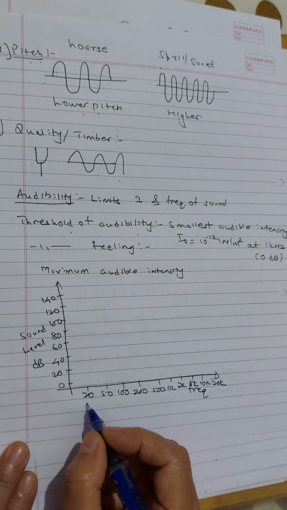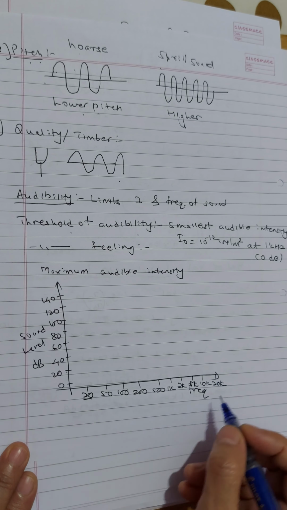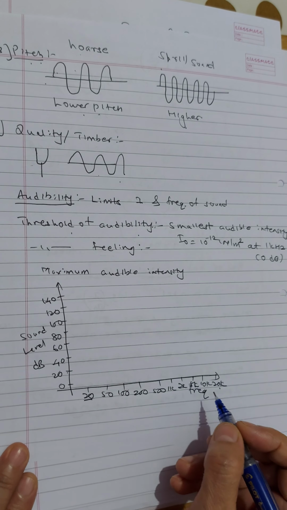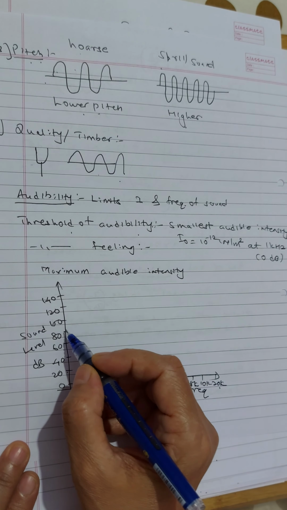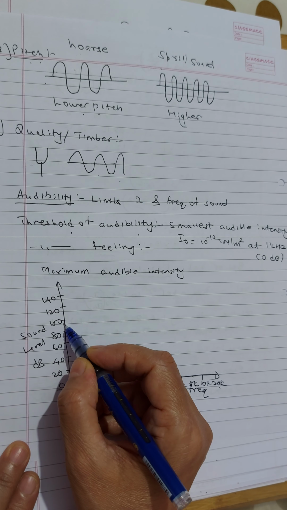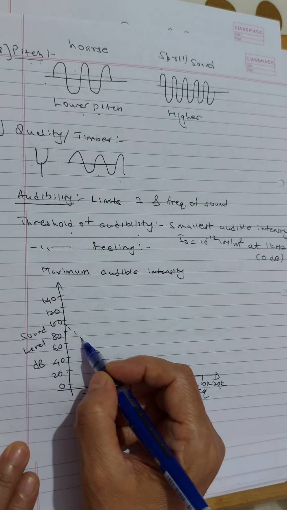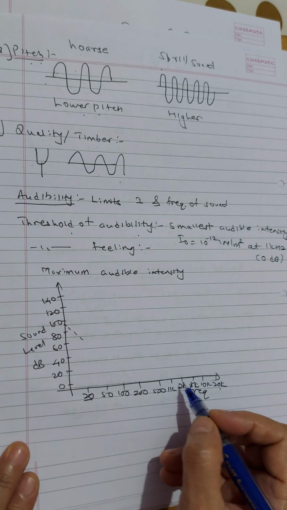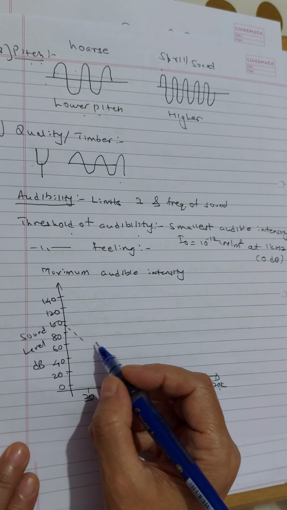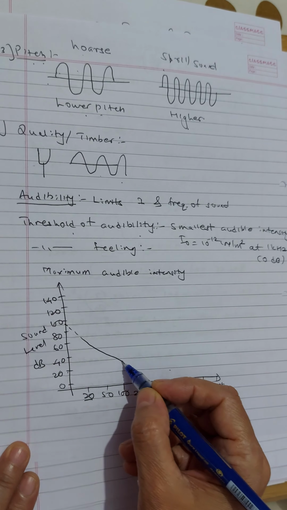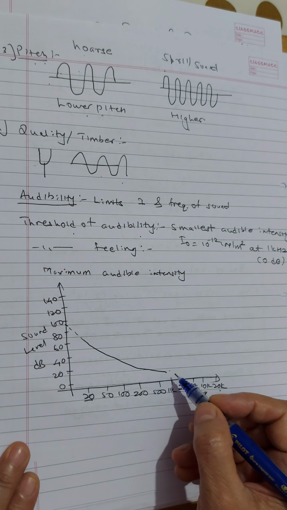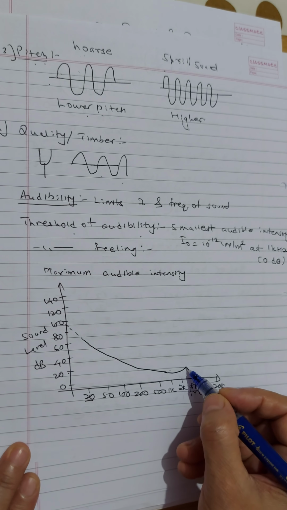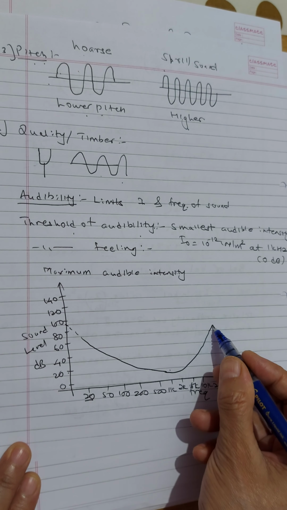So I covered the full audible range, 20 hertz to 20 kilohertz. Usually the graph comes down to around 1 kilohertz, and then it starts rising again. This is usually the graph.